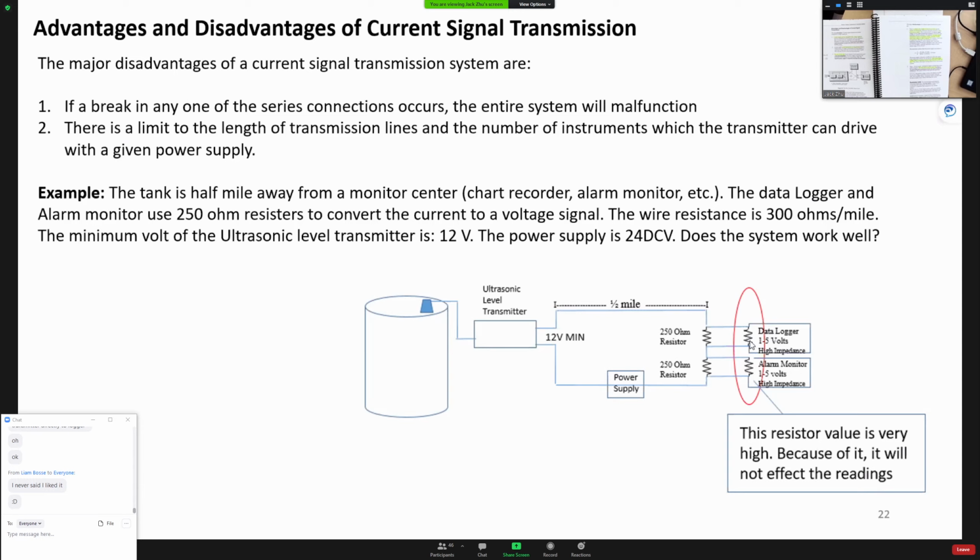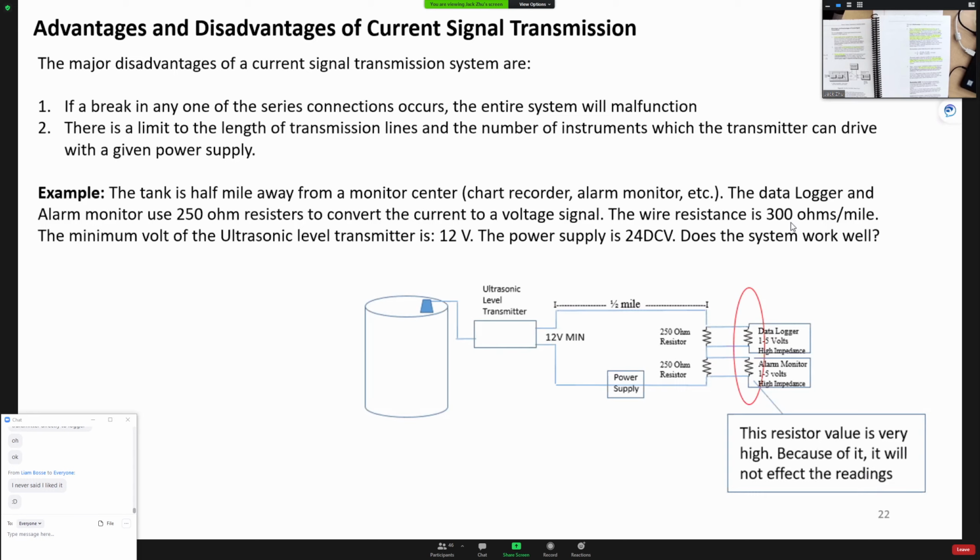So we have two devices down here, each using a 250 ohm resistor. The distance between the transmitter and those devices, the data logger and the monitor, is 0.5 miles. So the distance is 0.5 mile, and how many wires do we need to use? 2 wires, right?